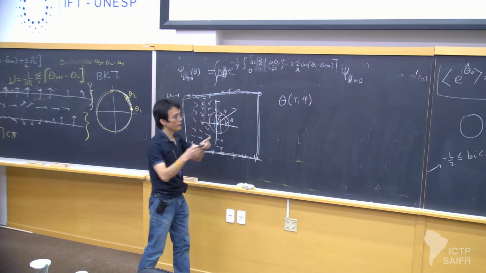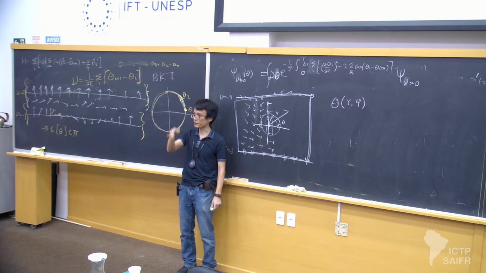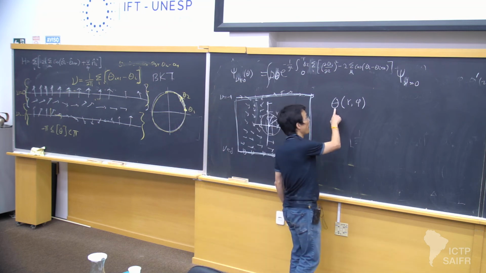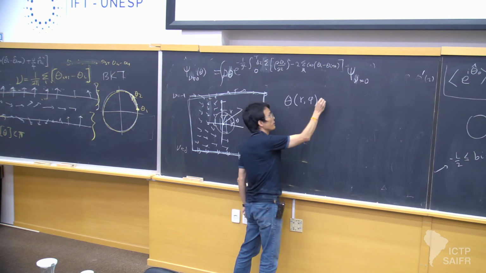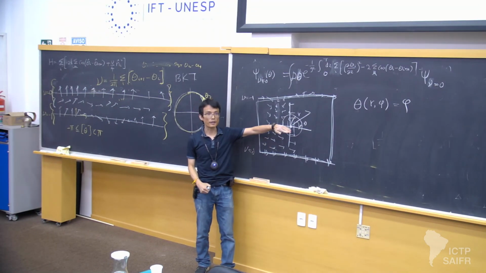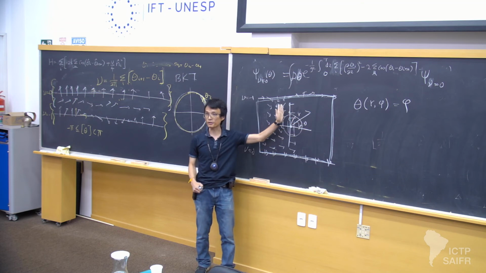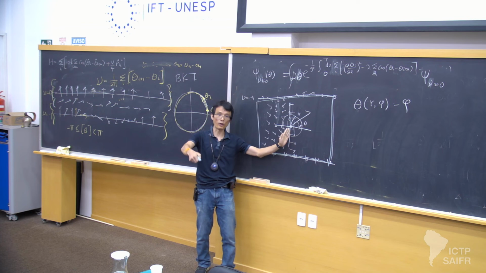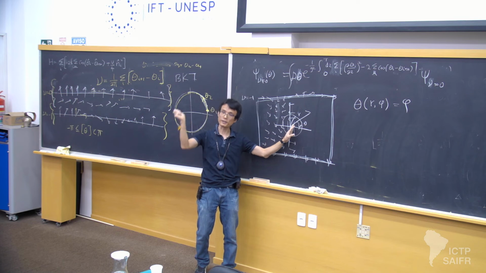Here, r and phi is just the polar coordinate that I introduce around the center of the vortex, okay? And my rotor at this position in space-time is just phi in this case, because as phi increases from 0 to 2 pi, theta also increases from 0 to 2 pi. So as we walk around by 2 pi in space and time, the angle of the rotor changes by 2 pi.